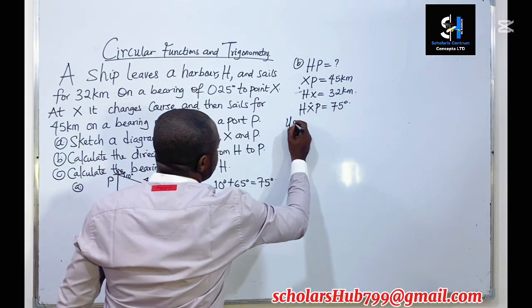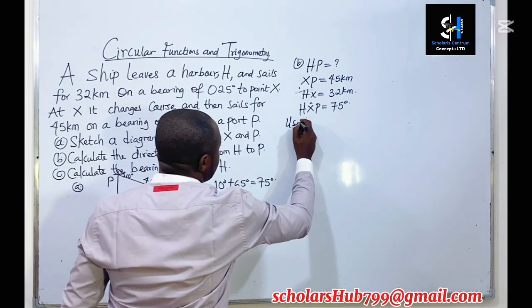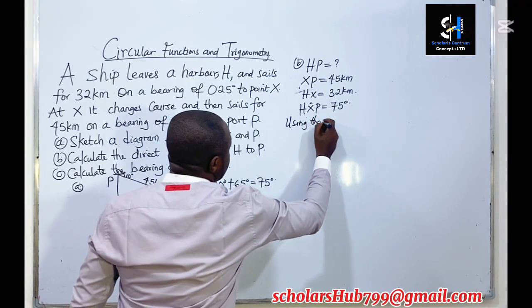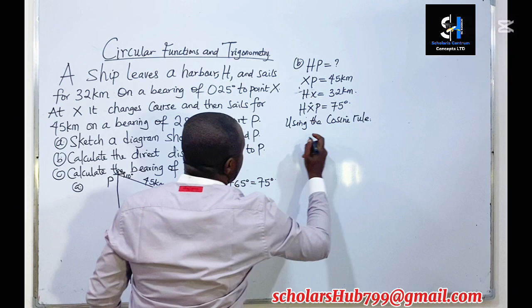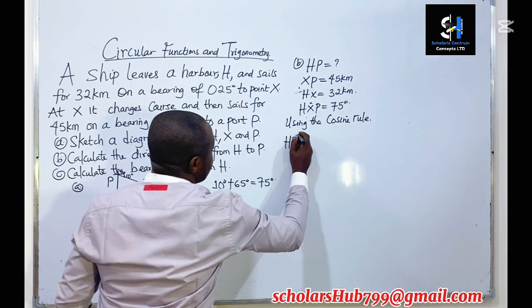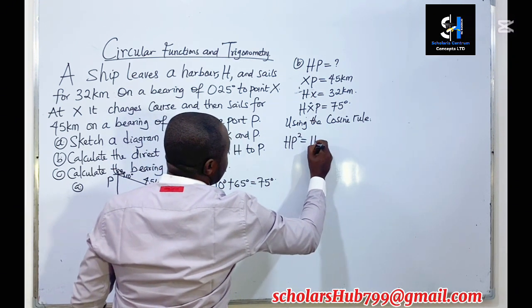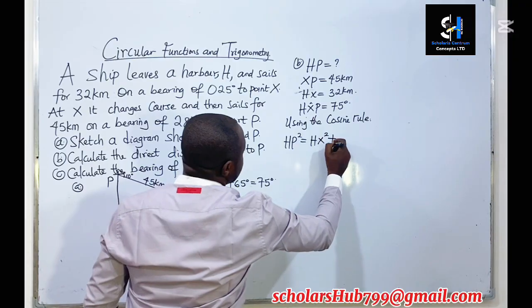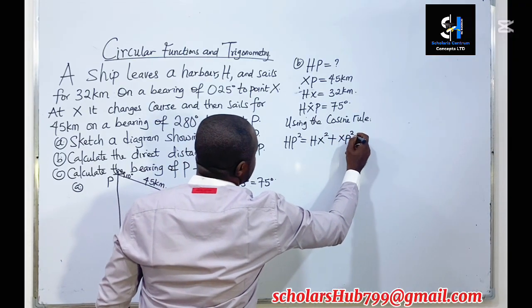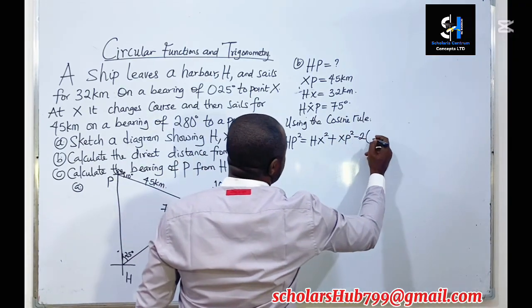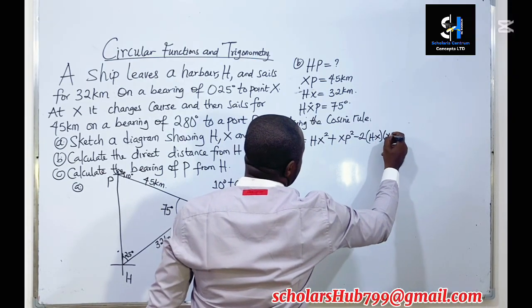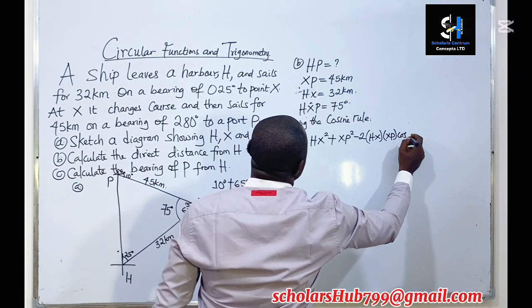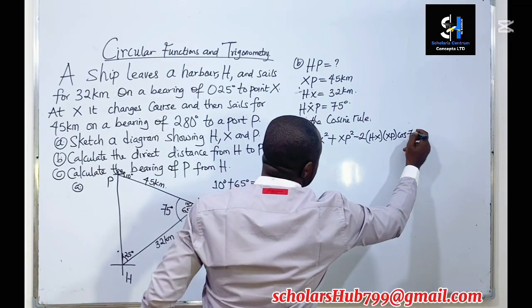So using the cosine rule, we have HP squared equals HX squared plus XP squared minus 2 times HX multiplied by XP, cos of the angle, which is what?